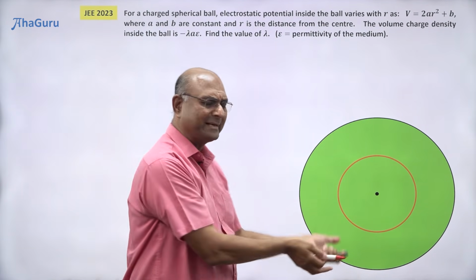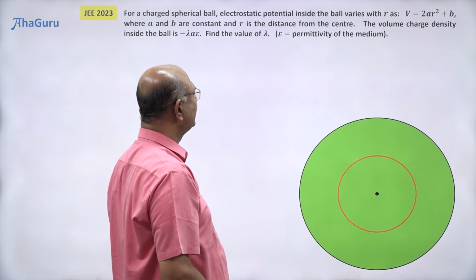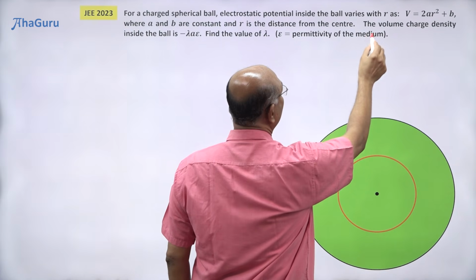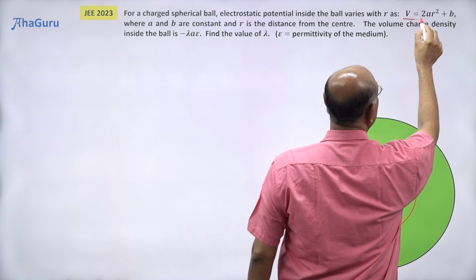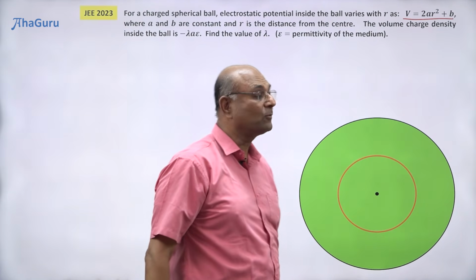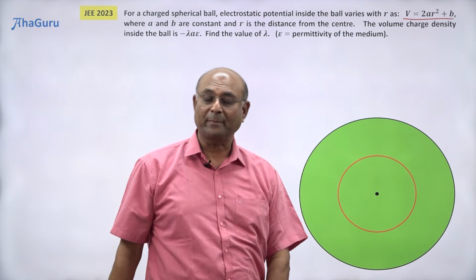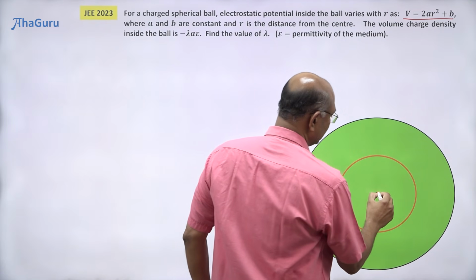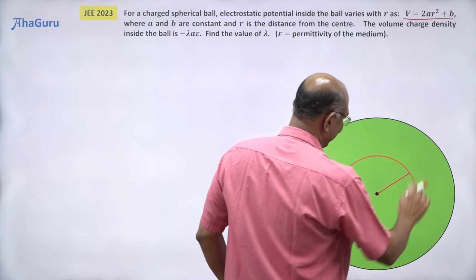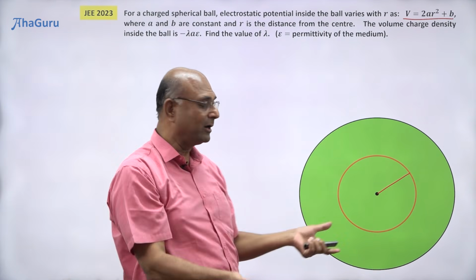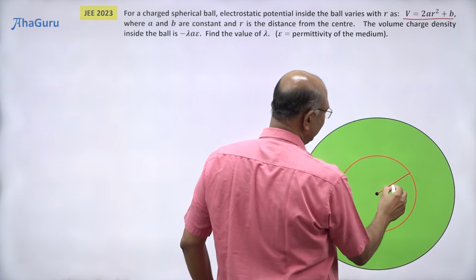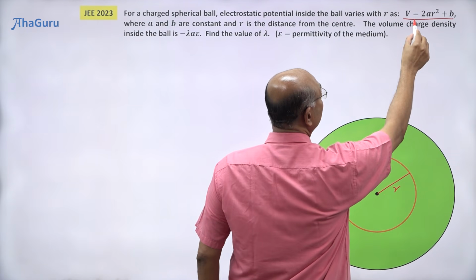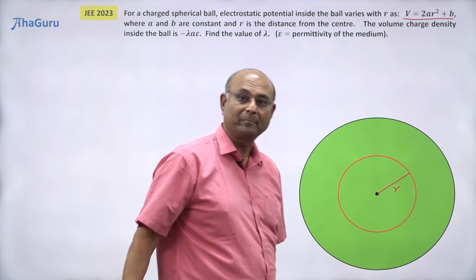It is basically a spherically symmetrically distributed charge. The electrostatic potential inside the ball varies with r given by this formula: V equal to 2a r square plus b. You can see V is a function of r. So if I say that this whole thing is the ball, I have taken at any given radius small r, everywhere the potential is going to be the same, 2a r square plus b.